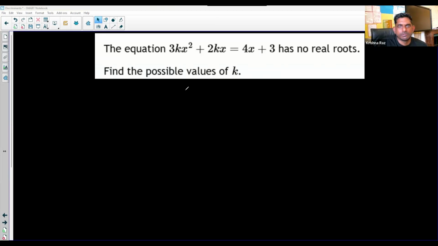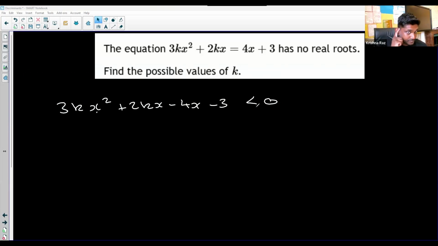So we're told this has no real roots. So first thing we need to do is set everything equal to 0. So if we set everything equal to 0, we have 3kx squared plus 2kx minus 4x minus 3, which has no real roots, so is less than 0. So now we need to group our terms. We have a 3k squared.